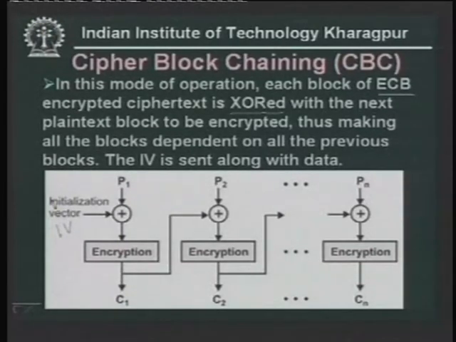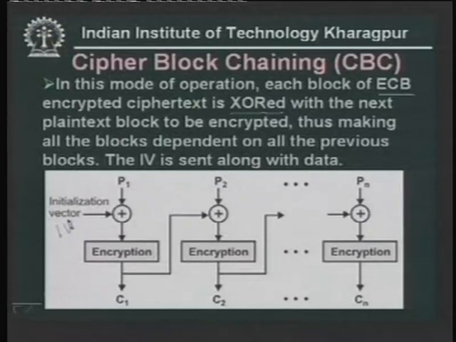That IV is generated randomly as a 64-bit number, and it is XORed with P1, and then that number is encrypted to get C1. Then C1 is XORed with P2 to get a number which is encrypted to get C2. As you can see here, depending on the initialization vector, C1 will be different for different cases.